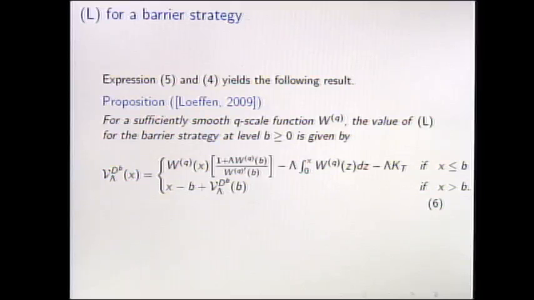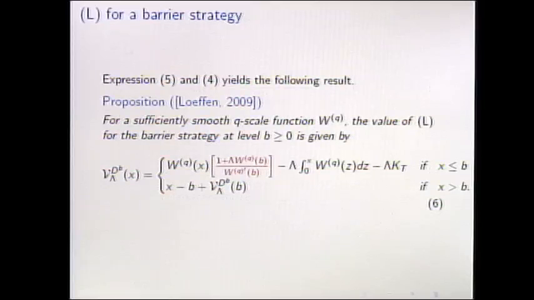And if I want to optimize over this set of strategies, I just need to optimize over b, which only appears here. So basically, that's how you get the best barrier strategy, and then you use a verification lemma to prove that this is actually the optimal strategy.